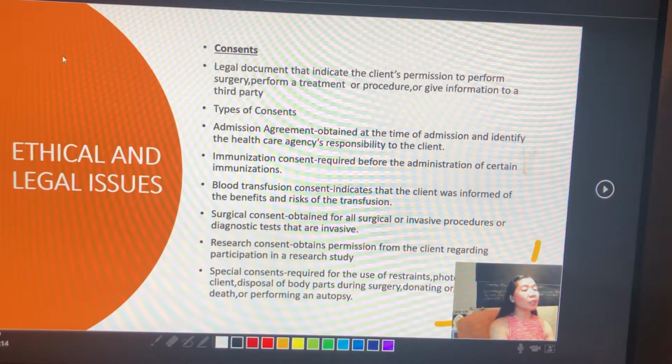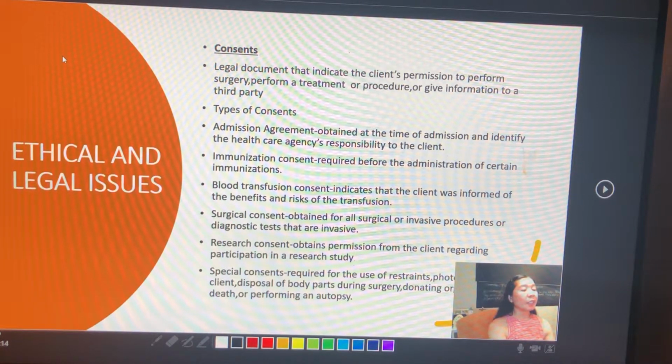1. Admission agreement. This can be obtained at the time of admission and identify the healthcare agency's responsibility to the client. 2. Immunization consent may be required before the administration of certain immunizations.